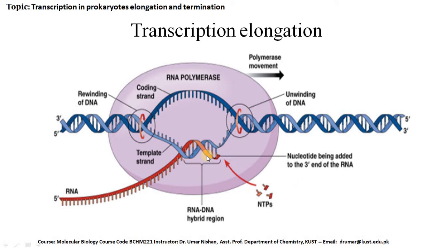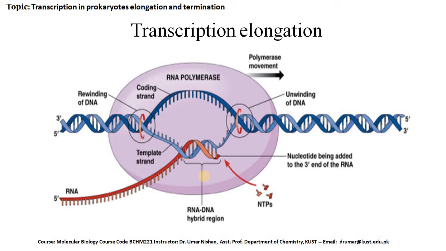Here are the NTPs that are added to the newly formed RNA, and here the RNA-DNA hybrid region also occurs. So some part of the RNA can make this RNA-DNA hybrid region. This diagram overall summarizes the whole process of elongation and how it is taking place.